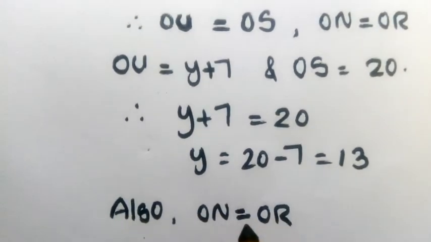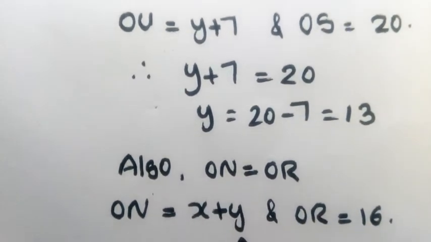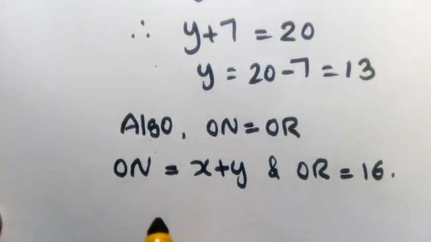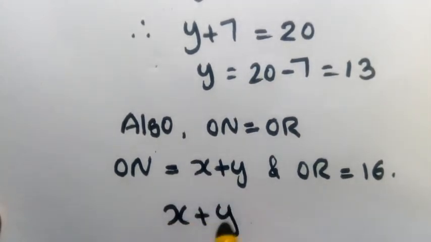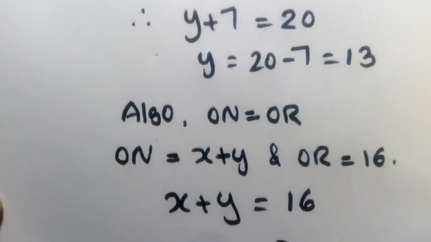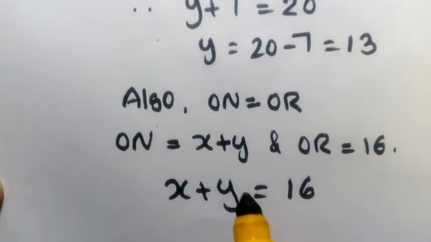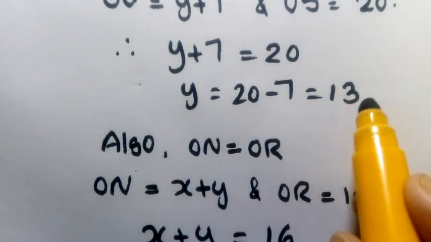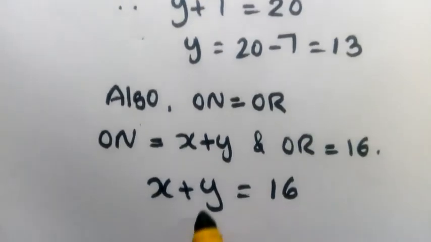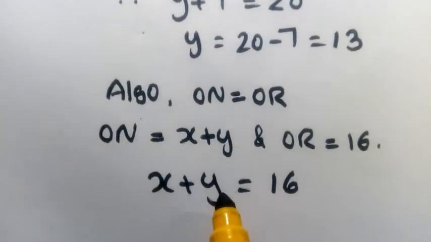Also, ON is equal to OR. ON is equal to X plus Y and OR is equal to 16. Therefore, X plus Y is equal to 16. We know that Y is equal to 13. Substitute the value of Y in this equation.